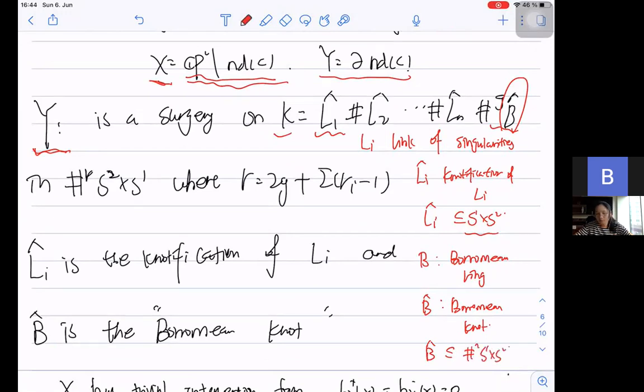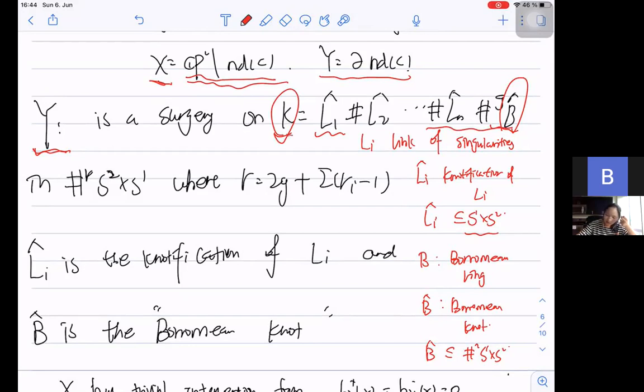So it depends on your genus. If you just have genus 1, then you just consider one copy of the Borromean knot. But if you have genus G, you probably need to consider G copies of a connected sum of this Borromean knot. That's what we wrote here. So this knot K consists of the modification of the link of singularity, and it consists of the G copies of this Borromean knot.